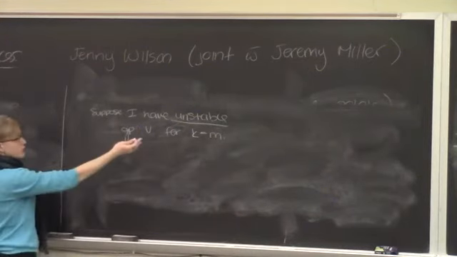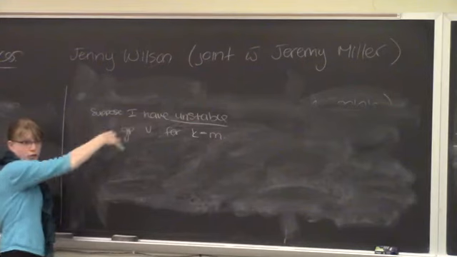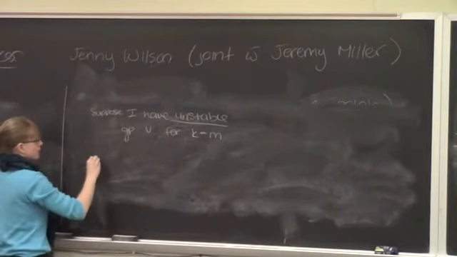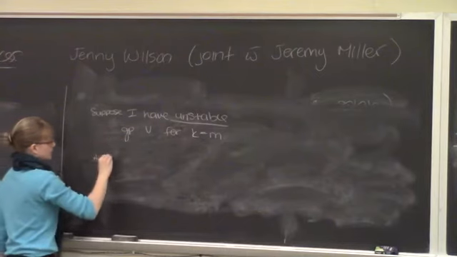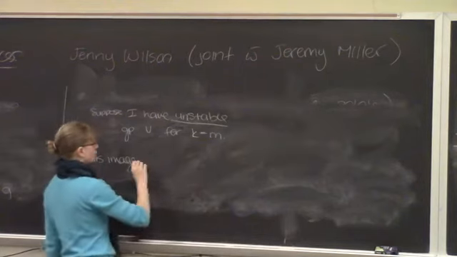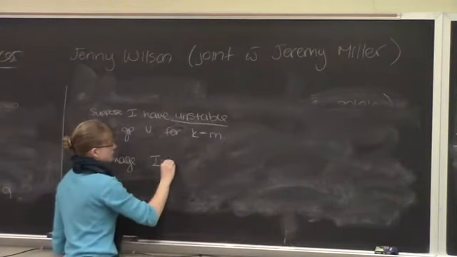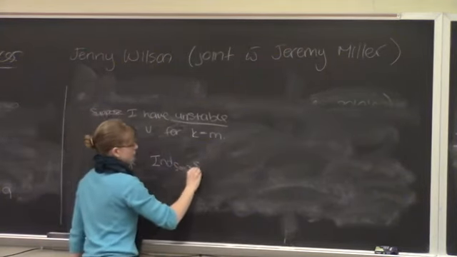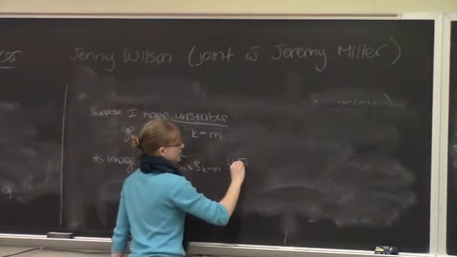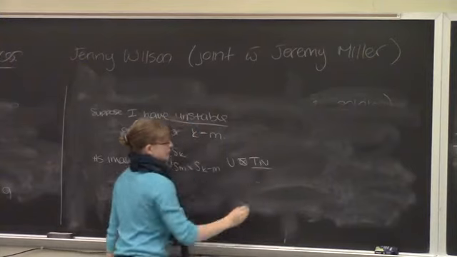Then its image in every future group for all larger k is going to be the induced representation from S_m times S_{k minus m} up to S_k of V tensor the trivial representation.